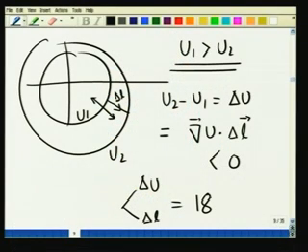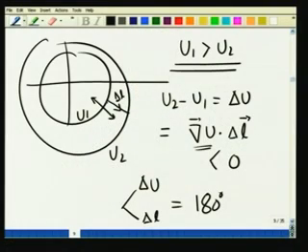This can be less than 0 only if gradient of u and delta L make an angle of 180 degrees. So, I conclude that gradient of u should be in the direction opposite to delta L in this case. So, it is pointing away from the direction in which u is decreasing, or it is pointing to the direction in which u is increasing. Let us see that explicitly.